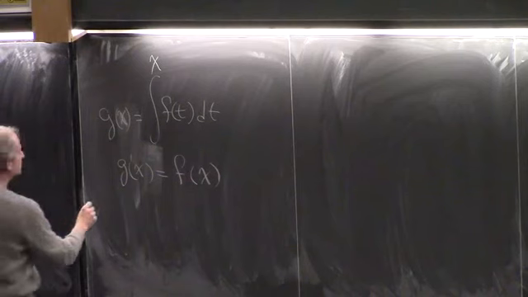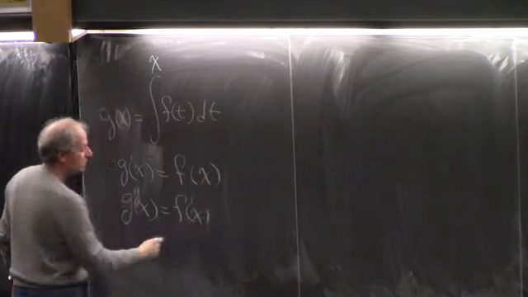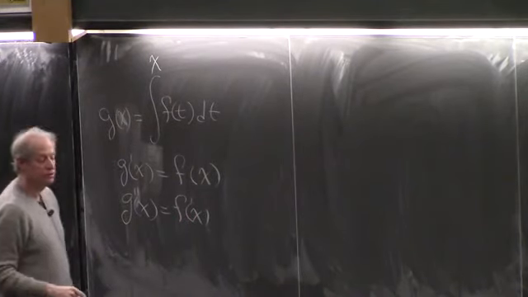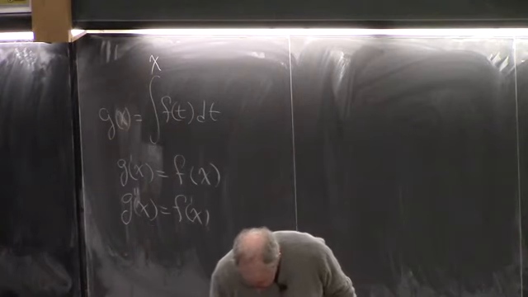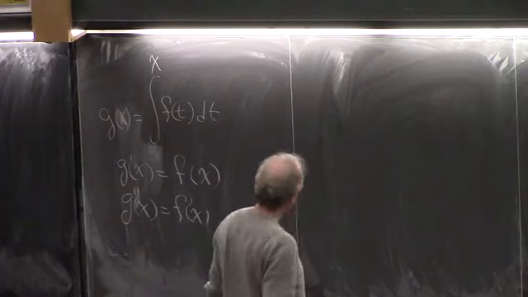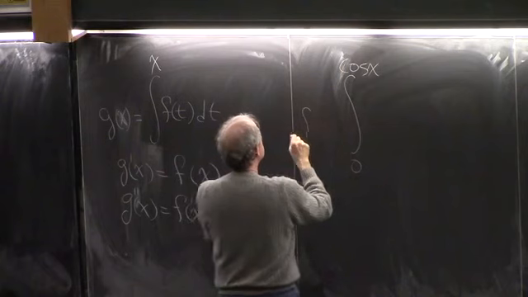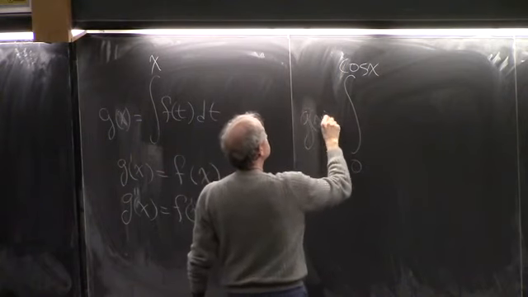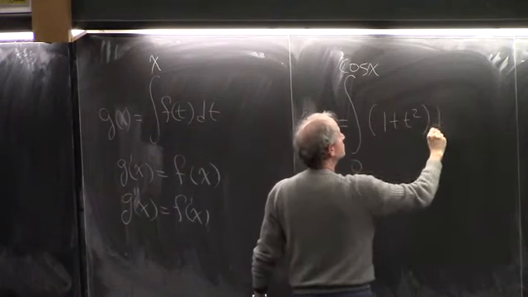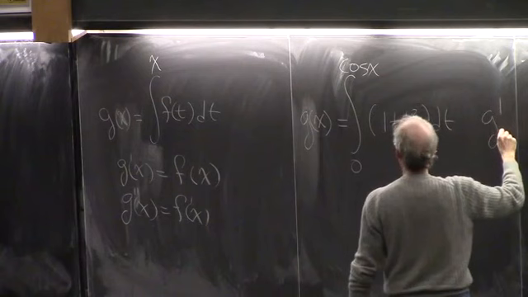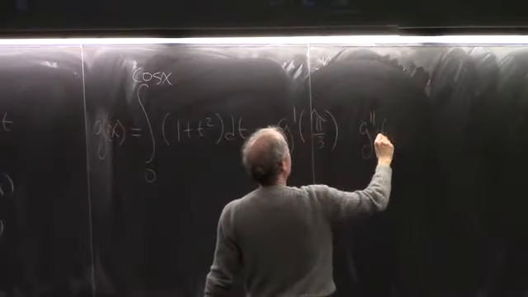Then g double prime of x will equal f prime of x. So say I told you that we had something like this, and I wanted to find g prime at pi over 3 and g double prime at pi over 3.